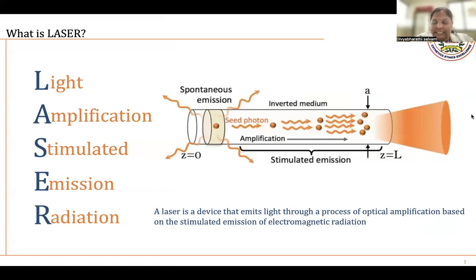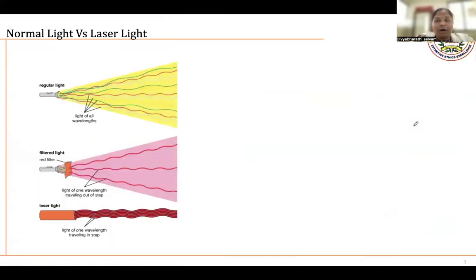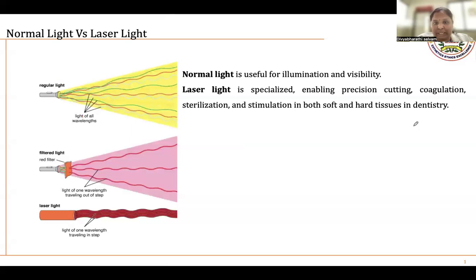We'll describe in detail. A laser is a device that will emit light through a process of optical amplification based on the stimulated emission of electromagnetic radiation. So how do normal light and laser light vary?